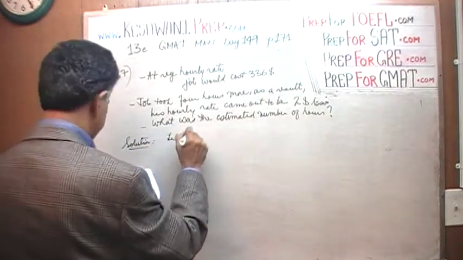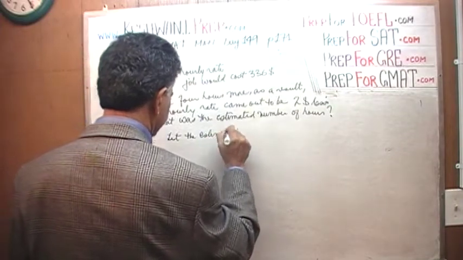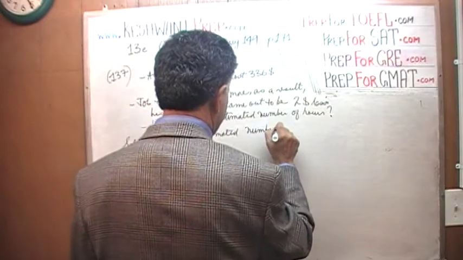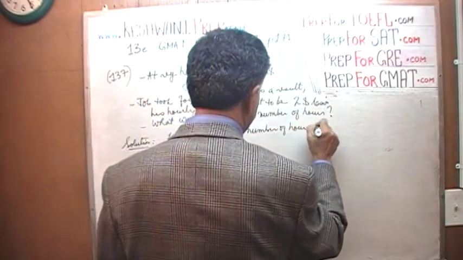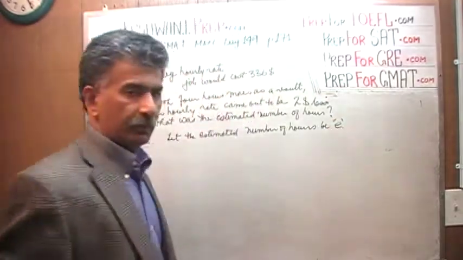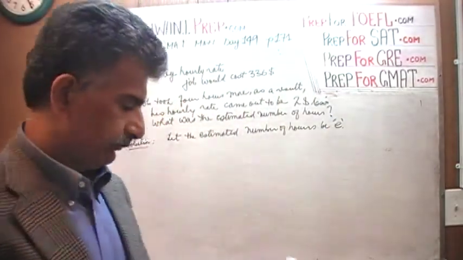Let the estimated number of hours be E. We're going to use letter E to represent the estimated number of hours.